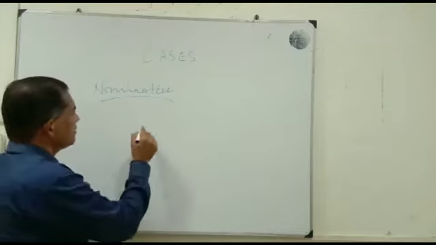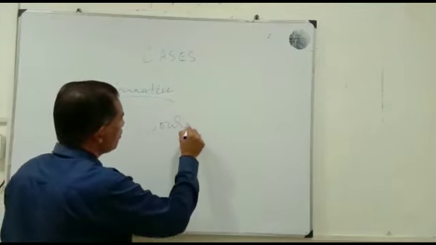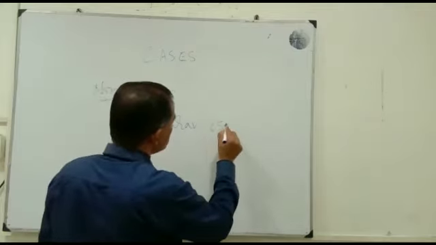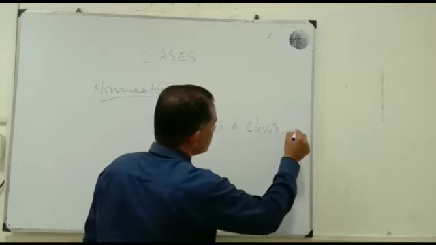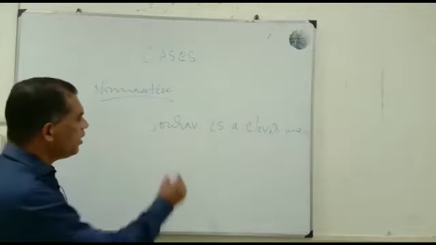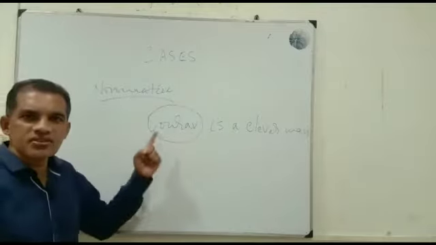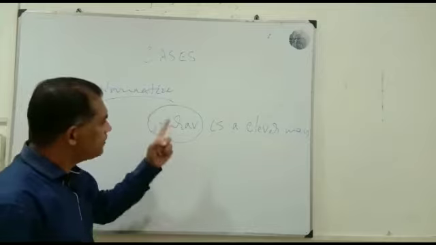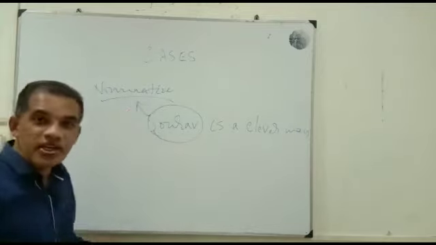For example, Saurav is a clever man. Here the noun Saurav is used as the subject in this sentence, and therefore Saurav, the subject, is said to be in the nominative case.